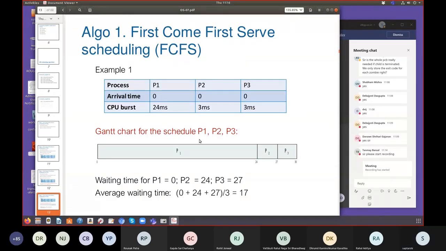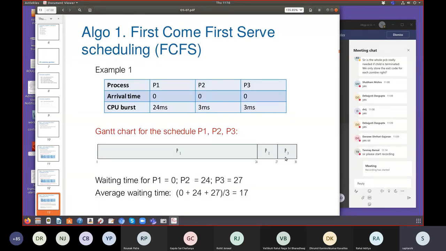First P1 was scheduled, and as we said, it's non-preemptive scheduling, very simple. Therefore, it ran for 24 milliseconds. That was the CPU burst time. Then P2 was scheduled. That ran for 3 milliseconds. Then P3 was scheduled, and it ran for 3 milliseconds.